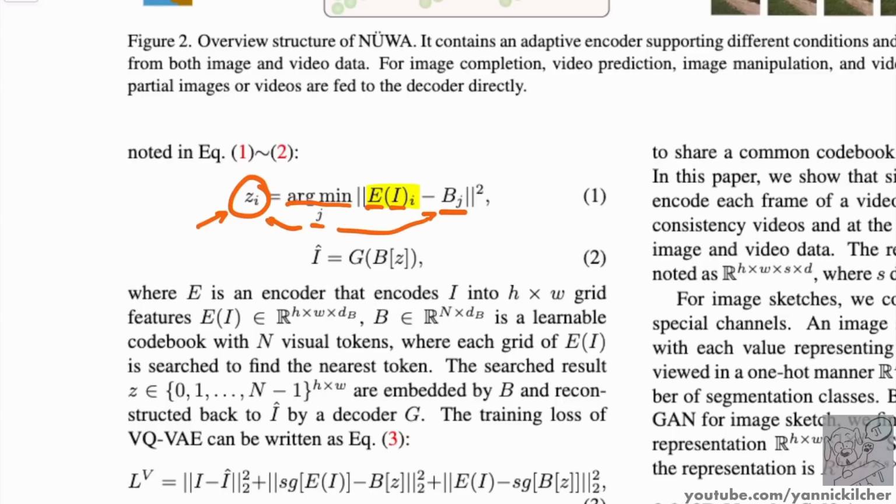So for token I, Z_I will be the entry in the codebook that is closest to the representation that the encoder produced. And then the reconstructed image I hat is simply going to be: I go with my latent representation to the codebook, I get out the vectors, the entries of the codebook, I shove that into the decoder, which is G, the generator I guess, and that gives me the reconstructed image.